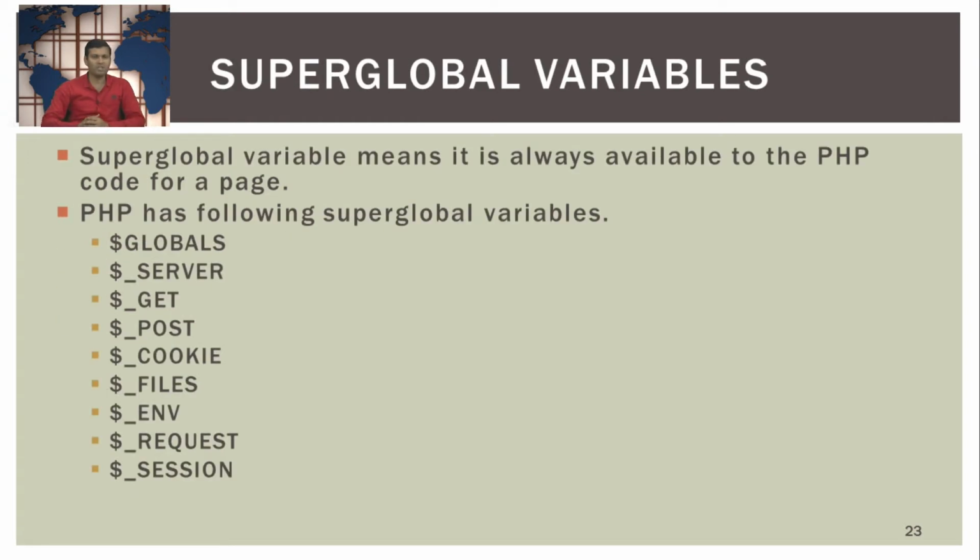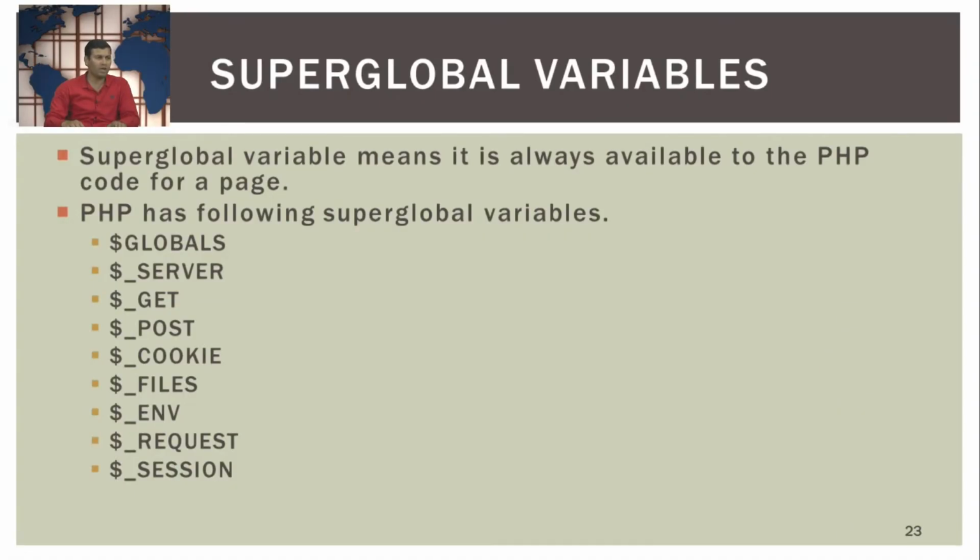Now, PHP has some super global variables. Super global variables are always available to PHP code, and you can use them whenever you require in your PHP page. PHP has many super global variables. They are $GLOBALS, $_SERVER, $_GET, $_POST, $_COOKIE, $_FILES, $_ENV for environment, $_REQUEST, $_SESSION.